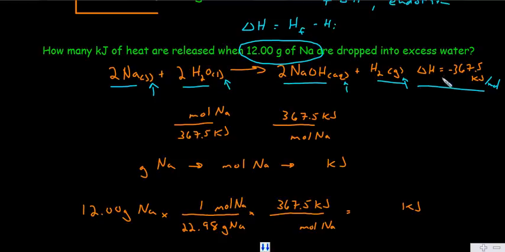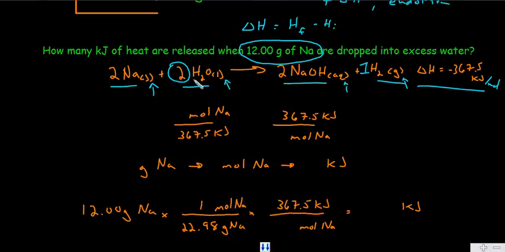Here we're saying that every time one mole of H2 reacts, 367.5 kilojoules are released. Or what we're saying is every time 2 moles of sodium react, 367.5 kilojoules are released.